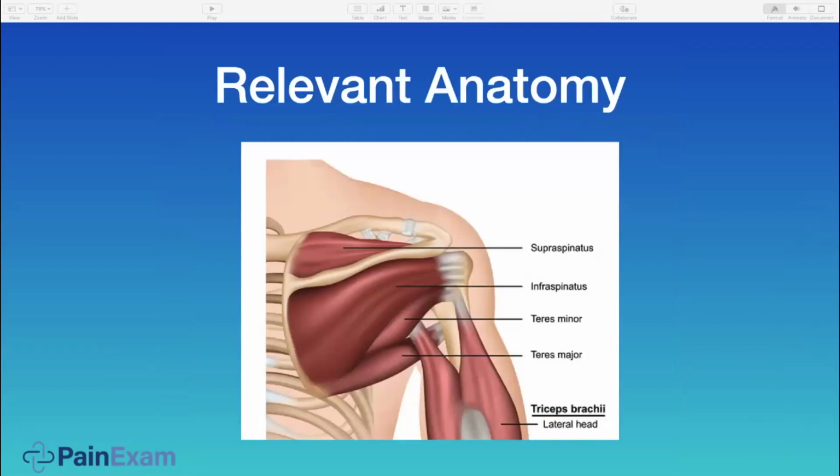Okay, relevant anatomy here, you have supraspinatus, infraspinatus, and the trapezius muscle, which you don't see the actual muscle, but you all know it's covering these muscles in this region.